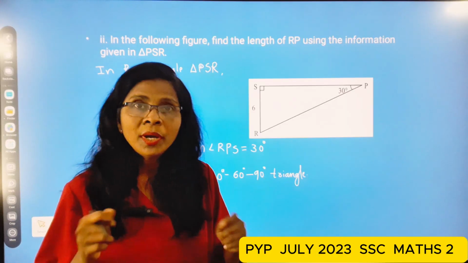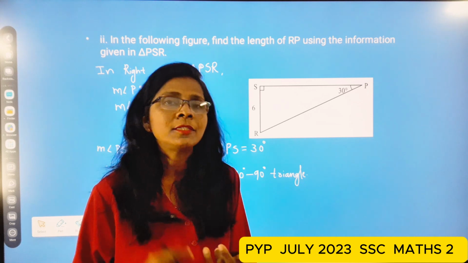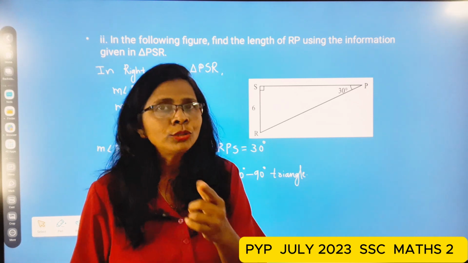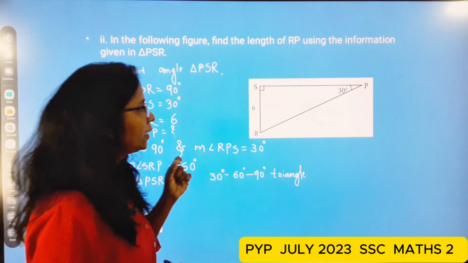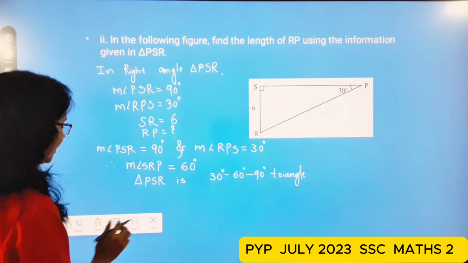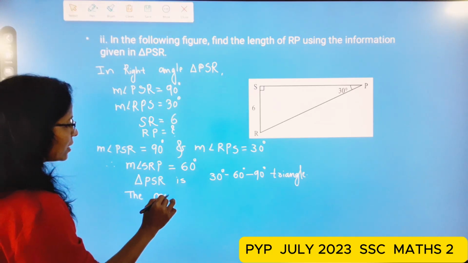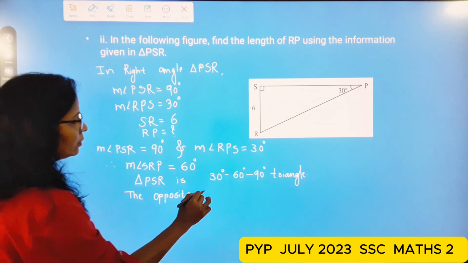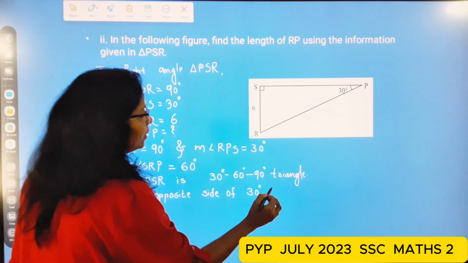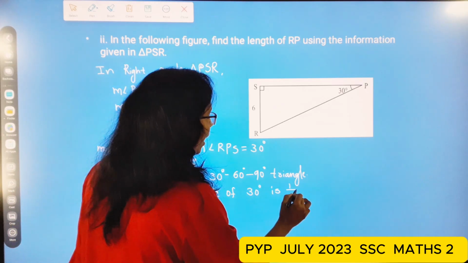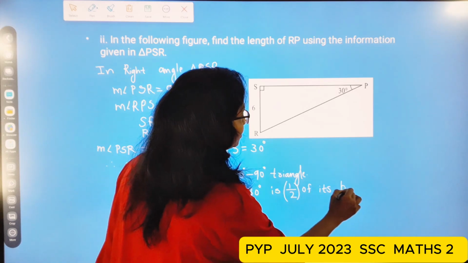But here it is not only a right angle triangle, it is a 30, 60, 90 degree angle triangle. So we can use the property of 30, 60, 90 degree angle triangle, which says that the opposite side of the 30 degree angle is half of its hypotenuse.